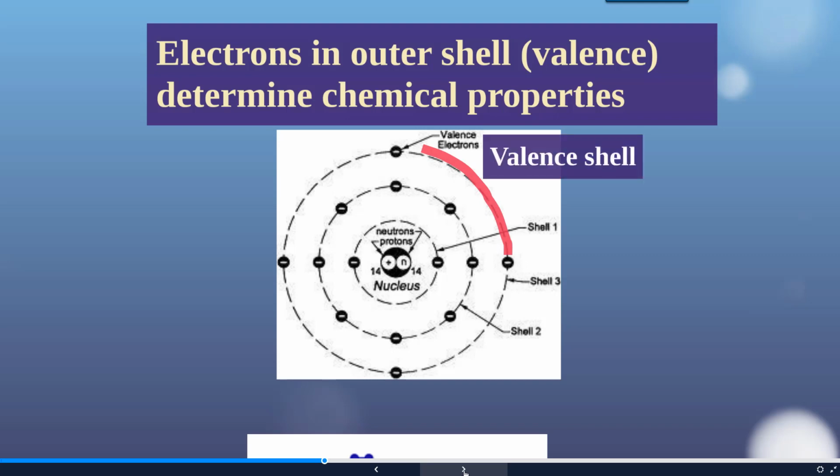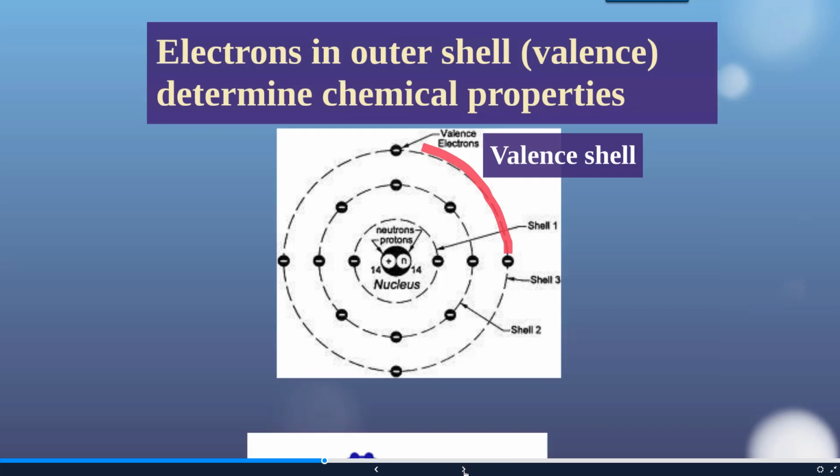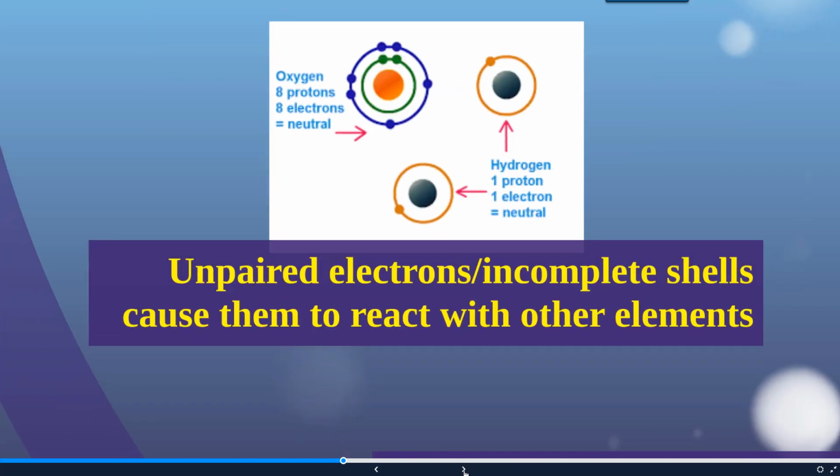So this valence shell can be either the second, third, fourth, or fifth shell, but it just happens to be the outermost one that it's representing. Any unpaired electrons, which actually make the shell incomplete, are what's going to cause the substances or the elements to react with other elements or to form chemical bonds.